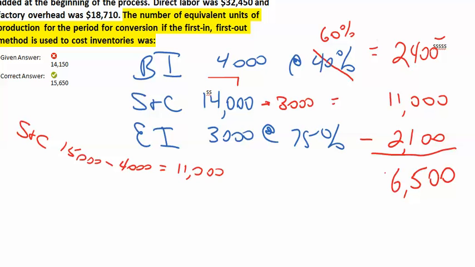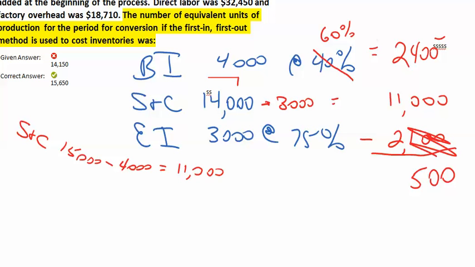if my addition is correct, no, it's not. This is 2250 here? Alright, let me fix that.